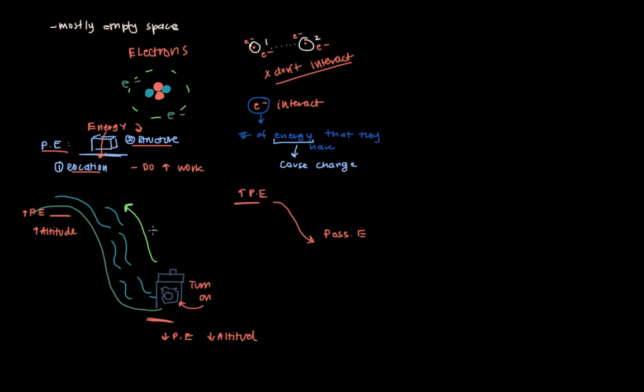Well, you will have to add energy and do work if you want to make water go against gravity and go uphill. You're putting more energy in to do that.